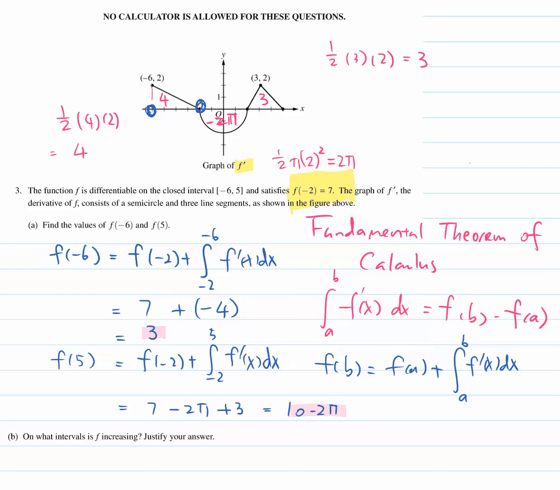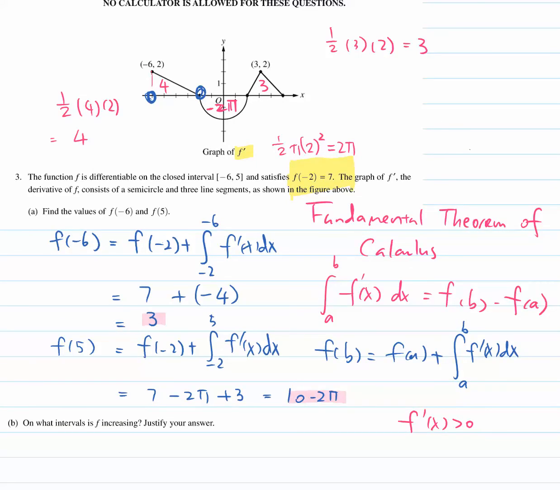Now we move on to part B, and we want to find the intervals for which f is increasing. We know that if a function is increasing, its derivative must be positive. So we want to find the intervals for which f prime of x is positive, and we can find it pretty easily from the graph they already gave us.